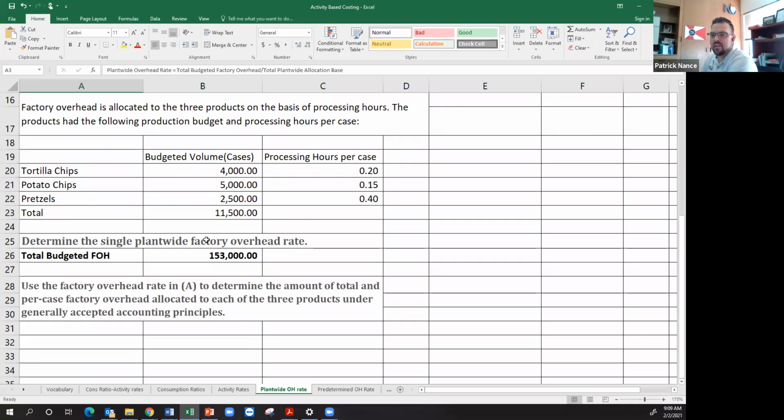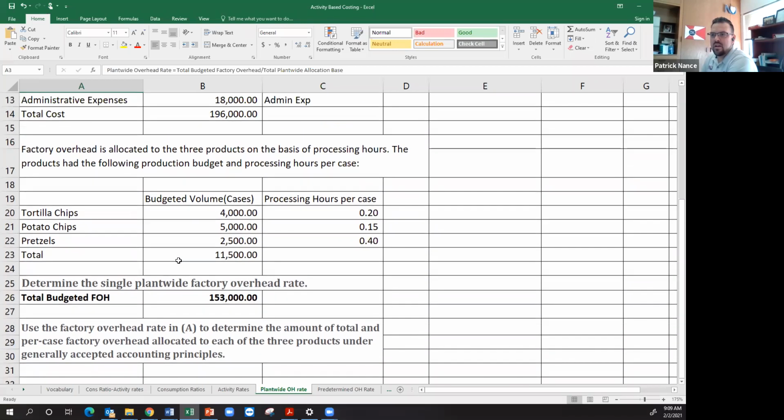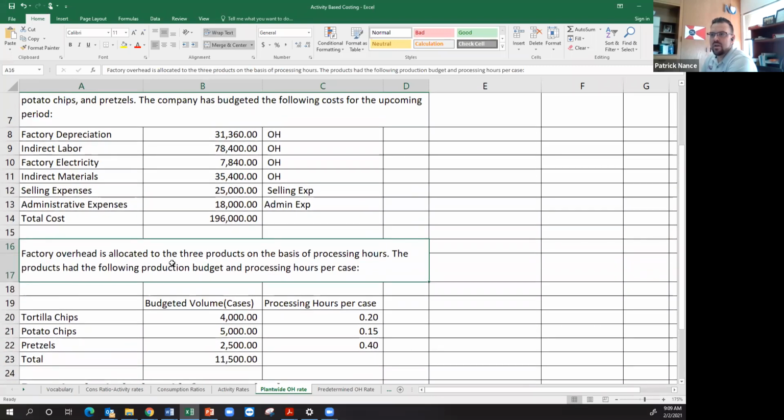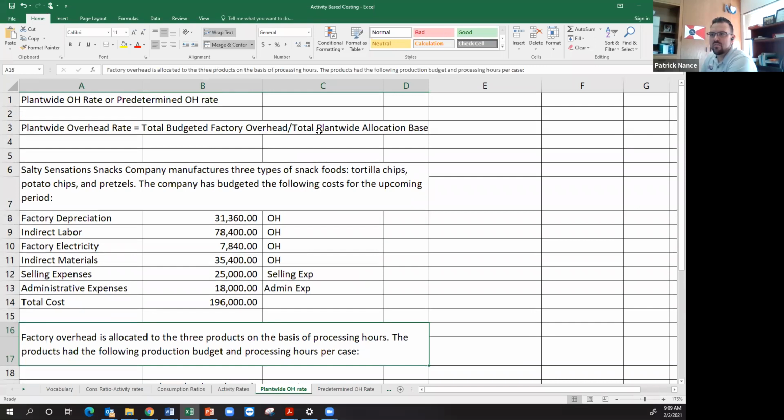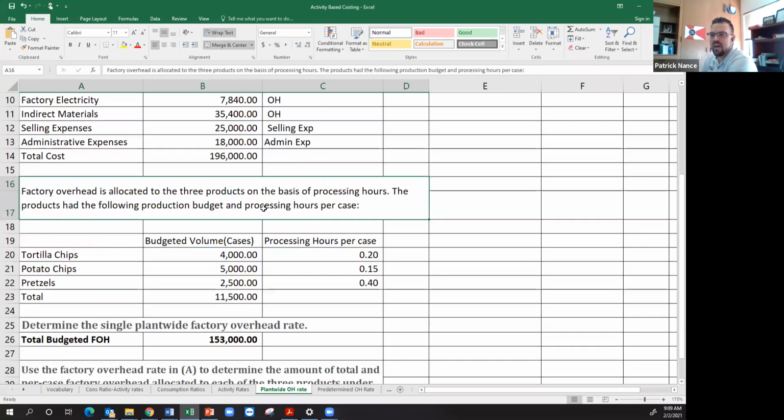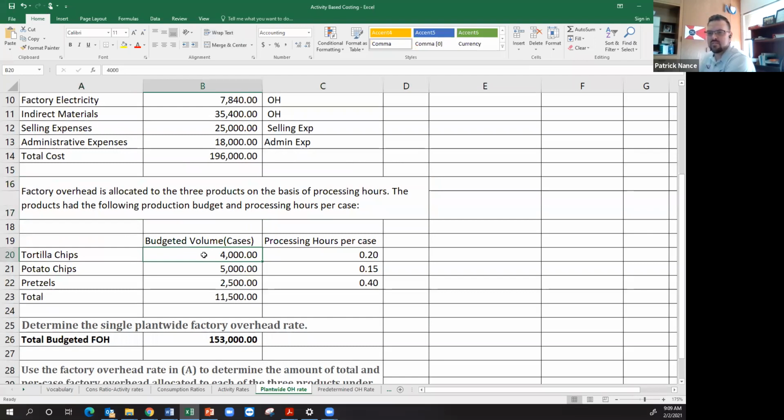Now I need to figure out what my allocation base is. The factory overhead is allocated on the basis of processing hours. So I need to find my total budgeted processing hours. I don't have that, but I can figure it out. If I know that I'm going to make 4,000 cases of tortilla chips and each one takes 0.2 of a processing hour, then I multiply those 2 together. That means I approximate 800 hours for the tortilla chips.